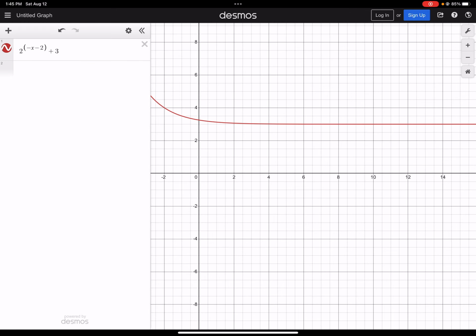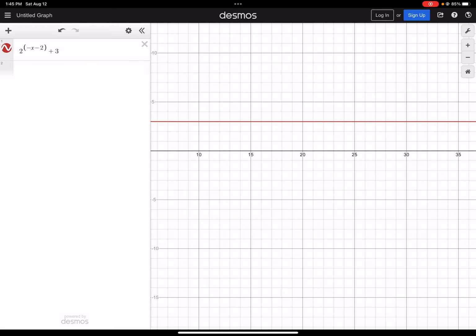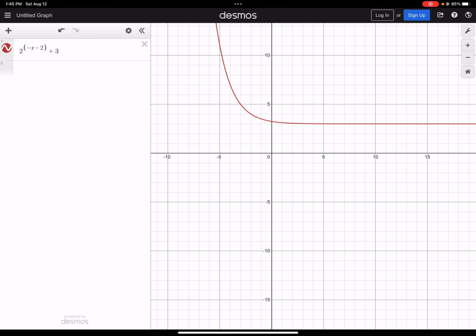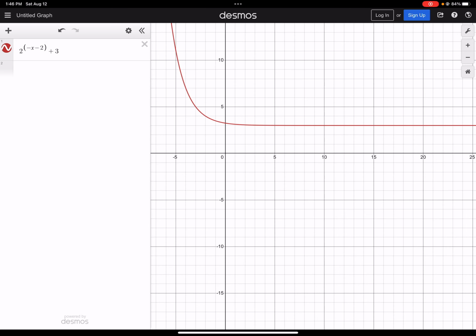So if you look at that graph, as x goes to infinity, the number we're approaching is 3. So watch. See that y value? As we move the x closer to infinity, look at that y value. It's getting closer and closer to 3. Desmos just thinks it's 3 because it's close enough.